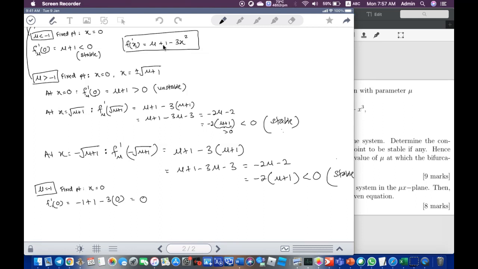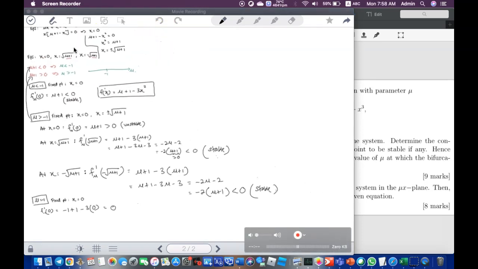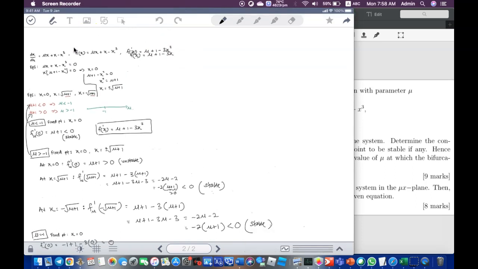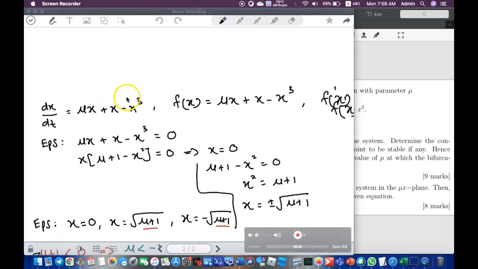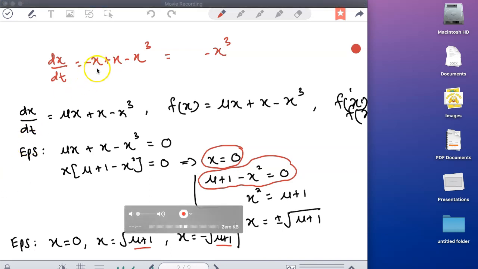Okay, but remember you can use the function or the graph here, the original graph. But you have to substitute that mu is equal to -1. So when you substitute mu equal to -1 into your system, we get this one.